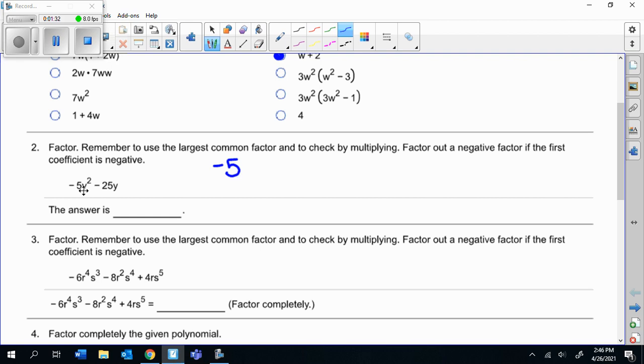And then between y squared and y, I can pull the y out front. And so I am left with 1y, and then this sign right here will change to a positive because I'm pulling that negative out front. And so it's negative 5y times parentheses y plus 5.